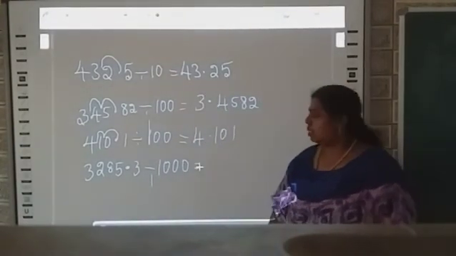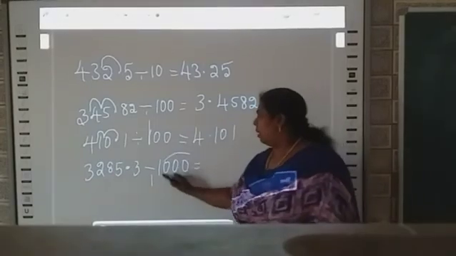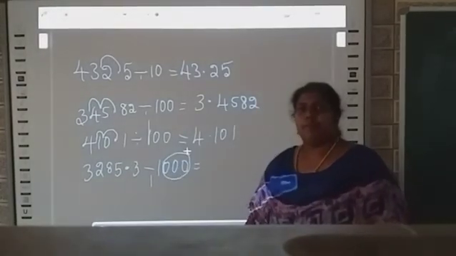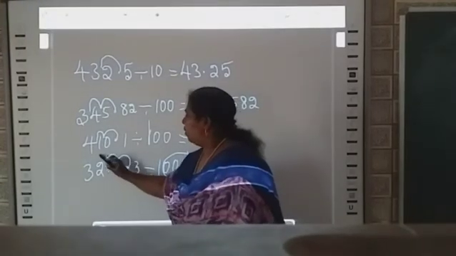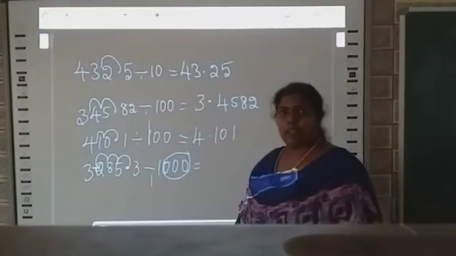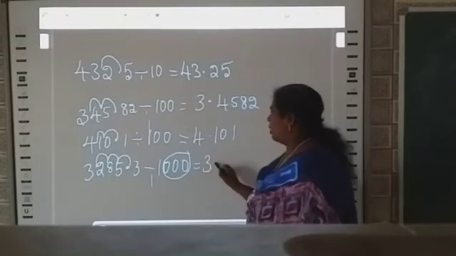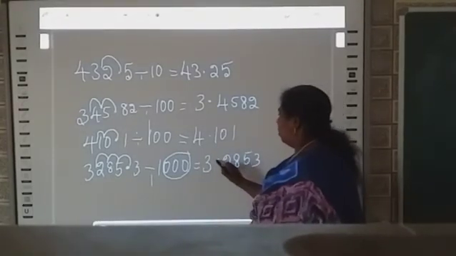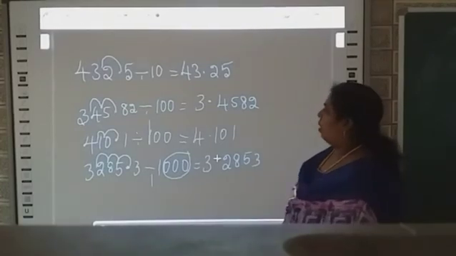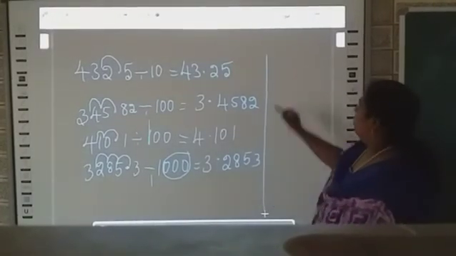Divided by 1000 means how many places do you want to move to the left side? 3, isn't it? 1, 2, 3. So where will the point come? 3.2853.